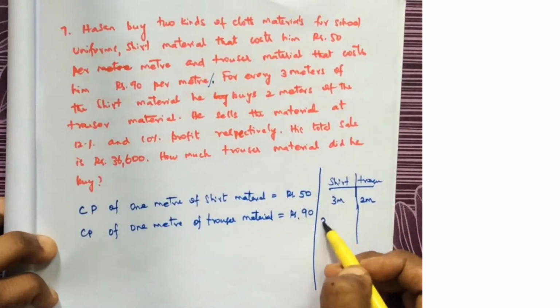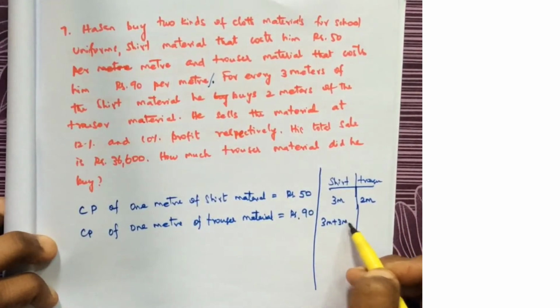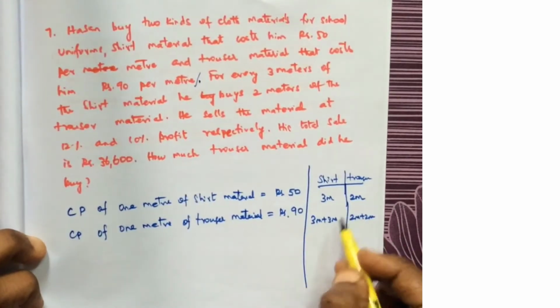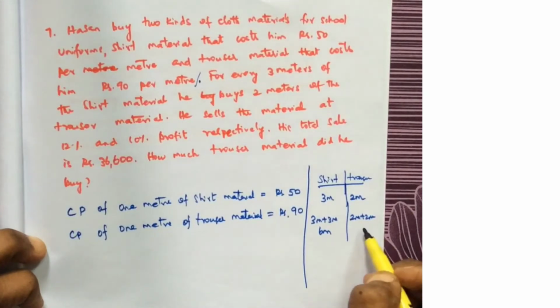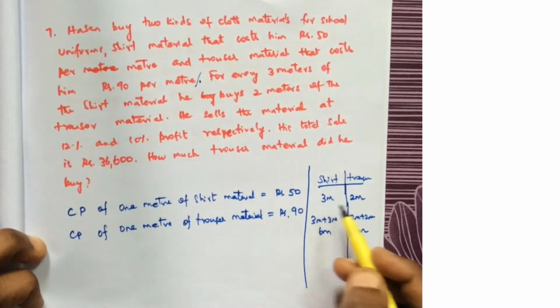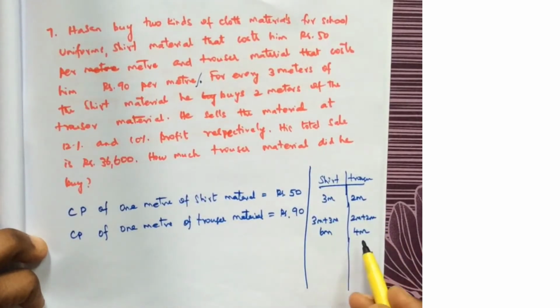If you bought 6, that is 3 meter plus 3 meter, he should buy 2 meter plus 2 meter, 4 meter. For 3 meter he should buy 2 meter. For 6 it is 4. For 9 it should be 6.